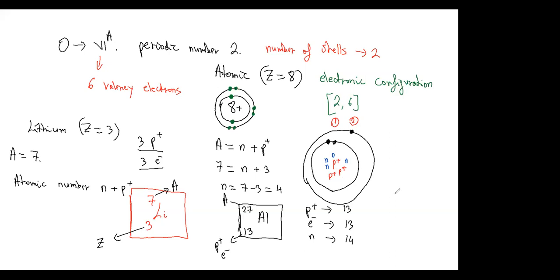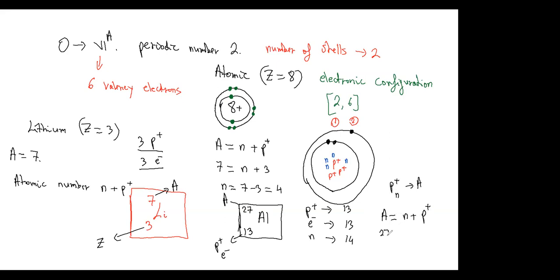But what are the particles which are in the center of the elements? There are protons and neutrons. These 2 particles make up the atomic mass. So for aluminium, the A is 27. So A is equal to number of protons plus number of neutrons.